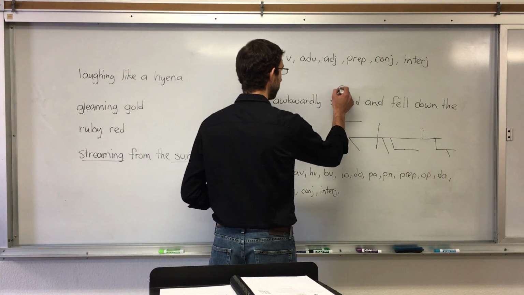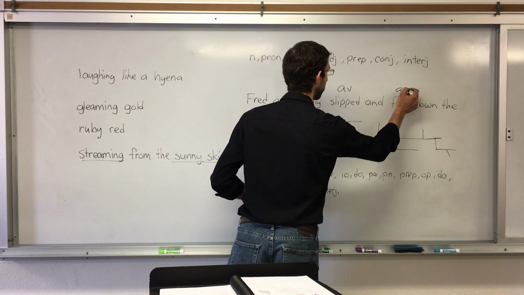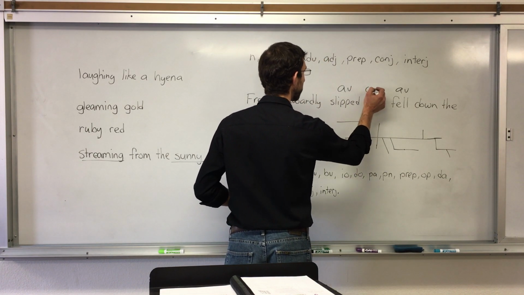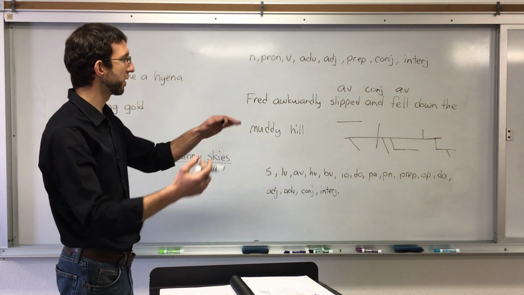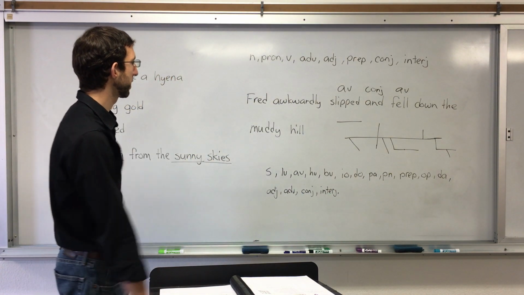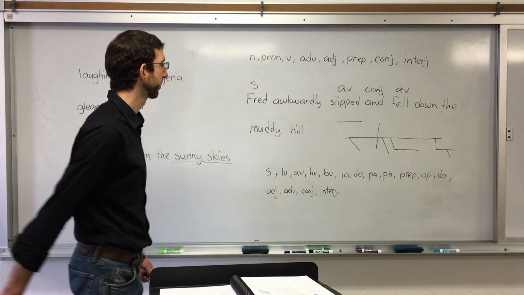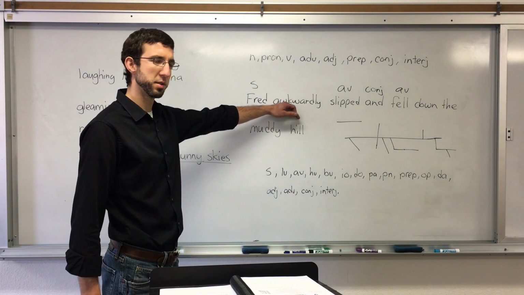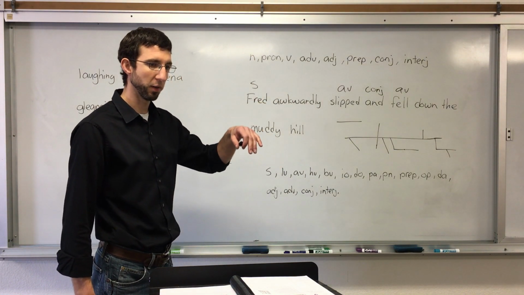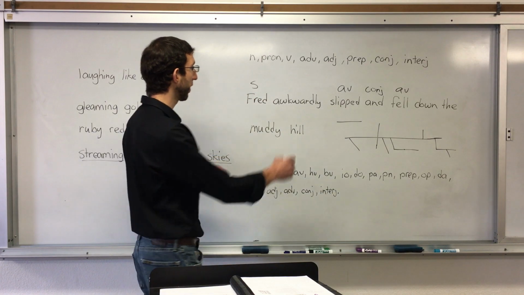These are both action verbs, right? Joined by a conjunction. Now, who or what slipped and fell? That's going to be our subject. It's Fred. Awkwardly is what? Fred slipped and fell. How? Awkwardly is an adverb.